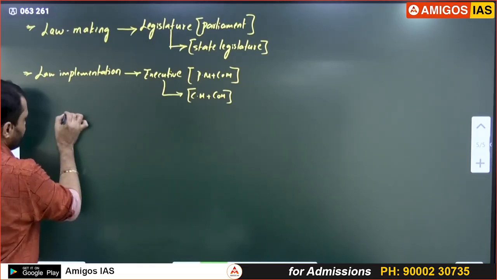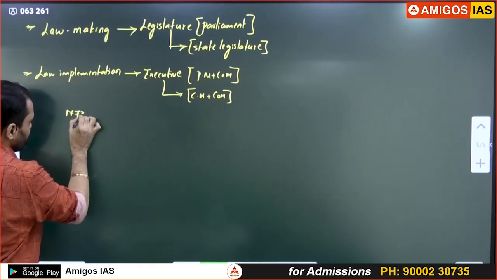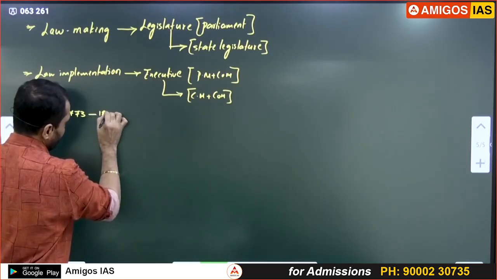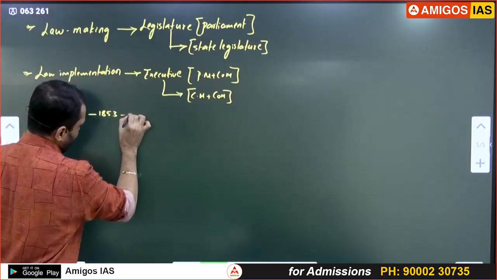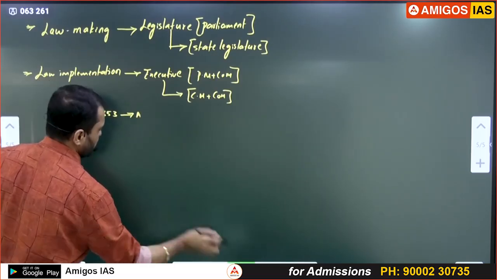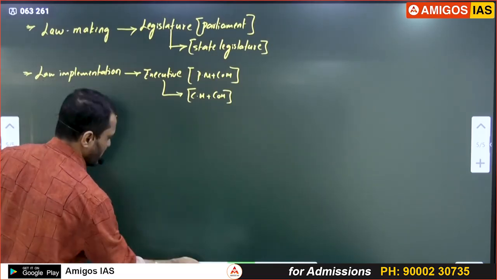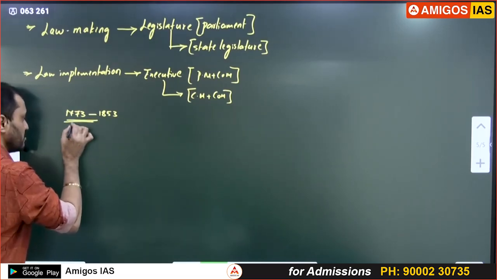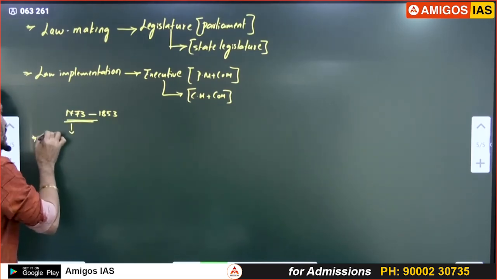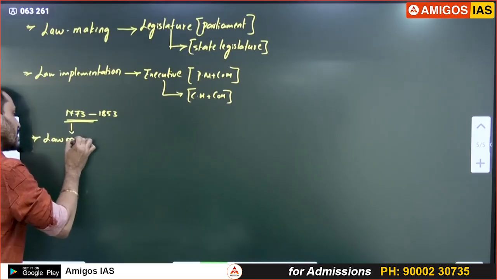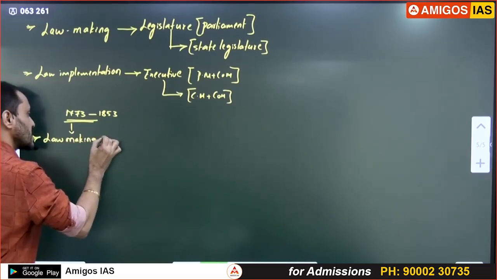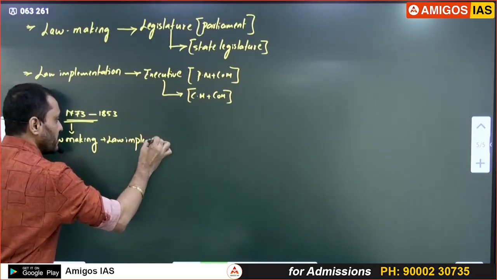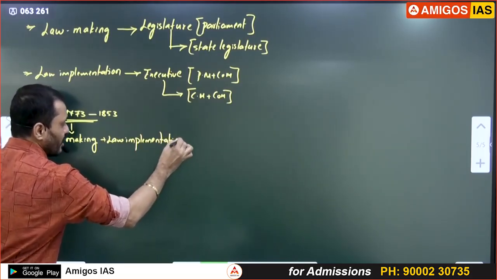Between 1773 and 1853, listen carefully, law making plus law implementation used to be done by only one body.